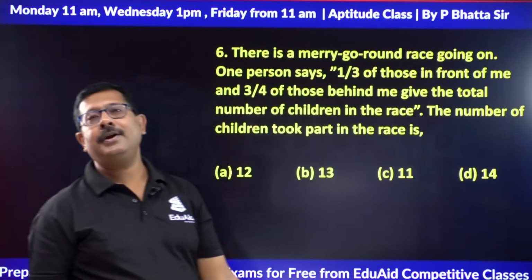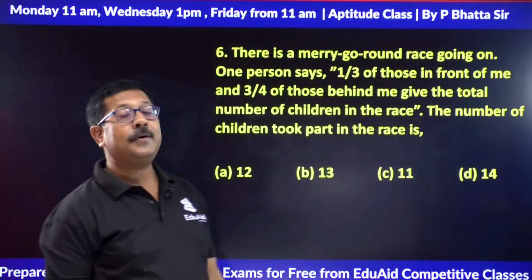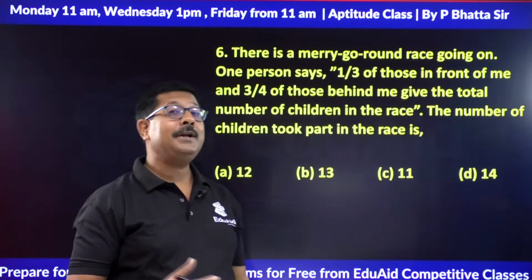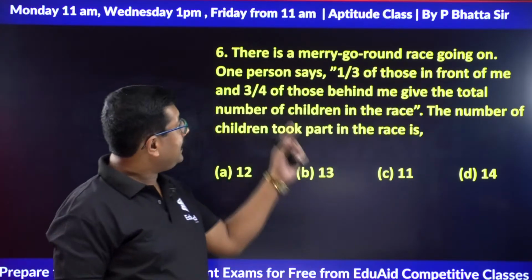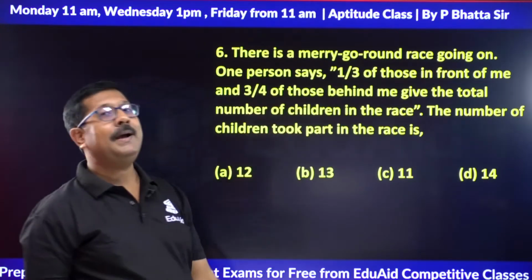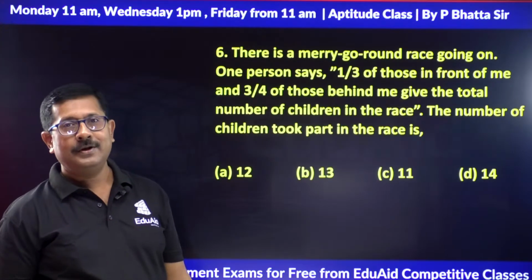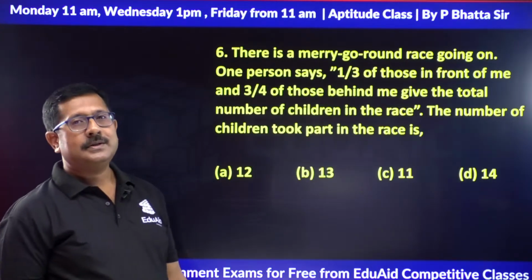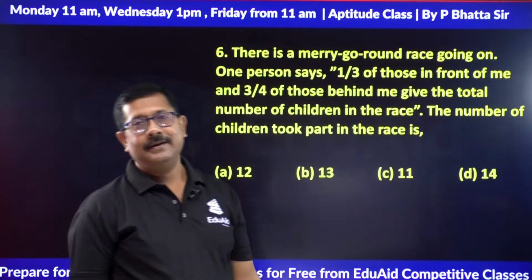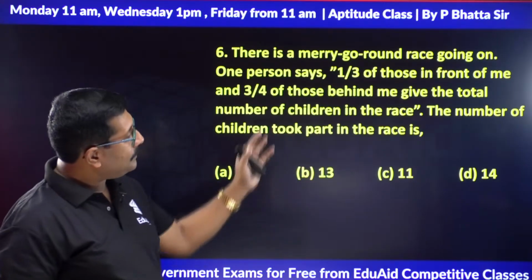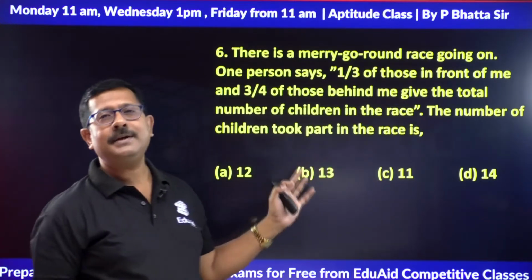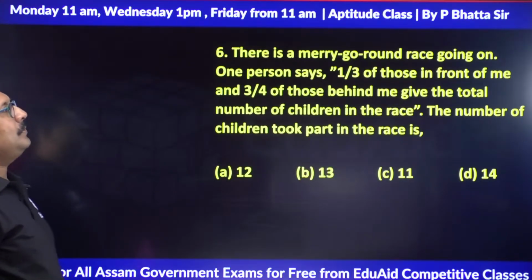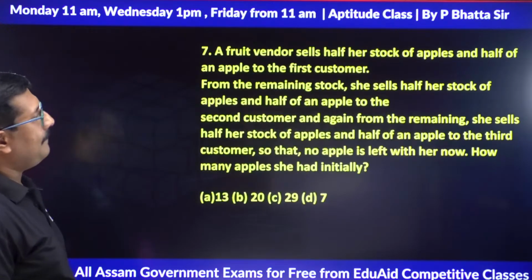Similarly 14, if we assume 14 as the total number of children, then total minus 1, 14 minus 1, 13. 13 is also not perfectly divisible by 3 and 4. That means our correct option is 13, so this is the answer. এনেকুৱা ধৰণে আমি through observation maximum question আমি solve কৰিব পাৰো. Then we can go to the next one, number 7.